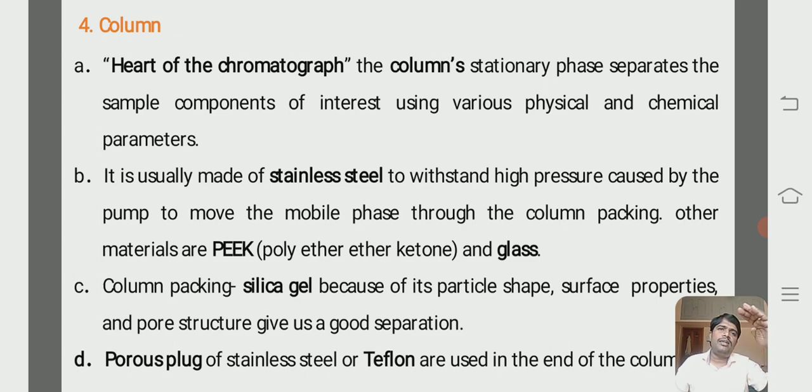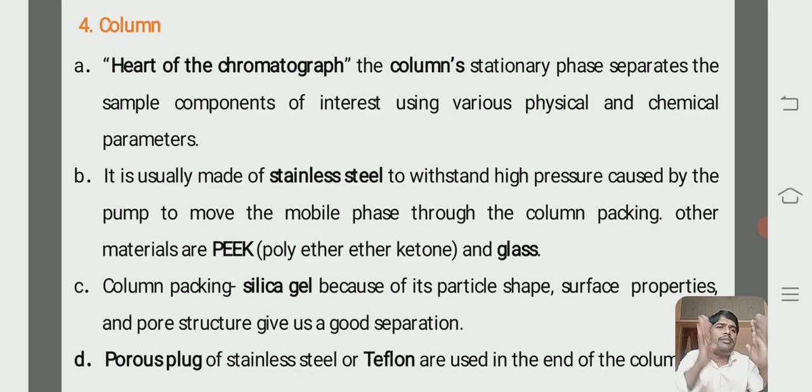Next component in this instrumentation is the column. It is very important and can be treated as the heart of the chromatograph. The column's stationary phase separates the sample components of interest using various physical and chemical parameters.